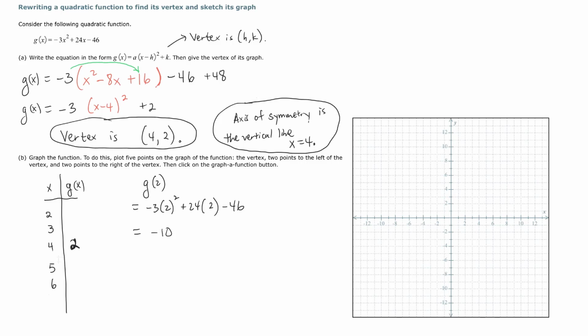Let's find g of 3. See how much that is. That's -27.